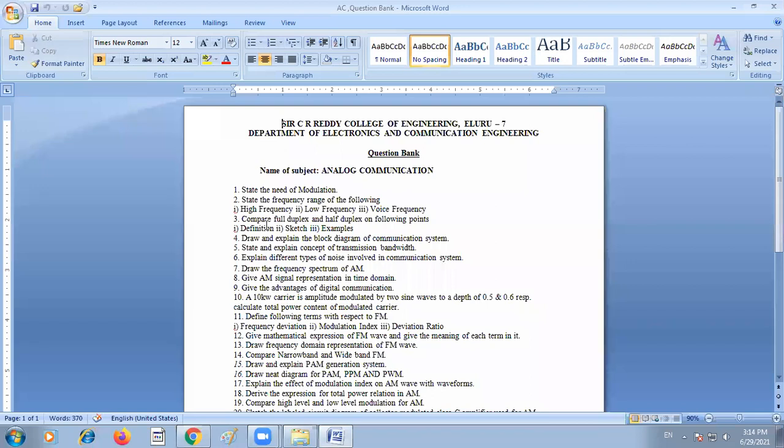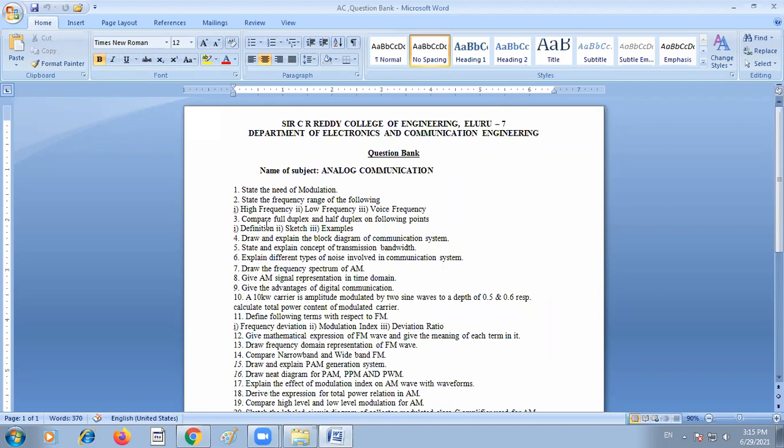Half duplex means you send the message from transmitter to receiver, and the receiver also sends a reply. That is both-way communication, but once you send, and once you receive.